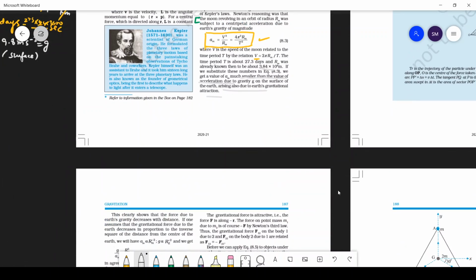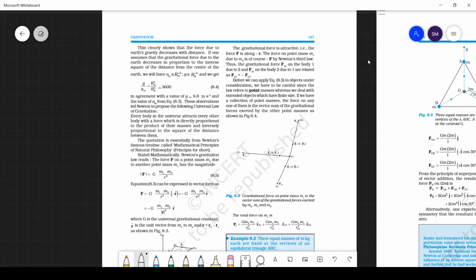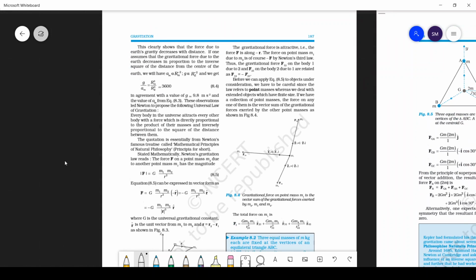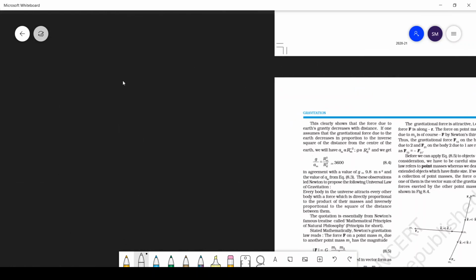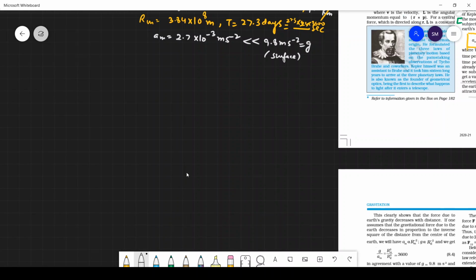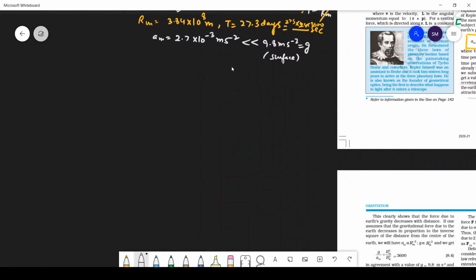Now further, what does this show? This shows that the force due to Earth's gravity decreases with distance.